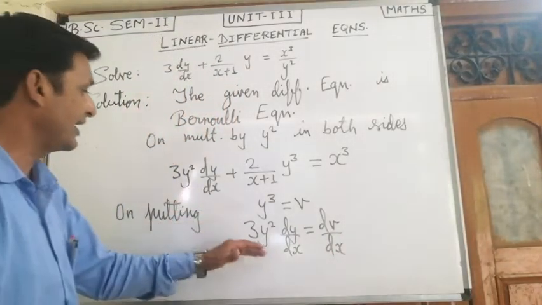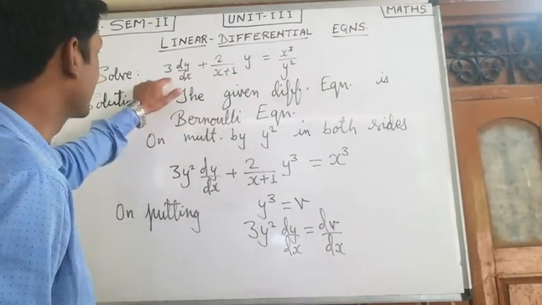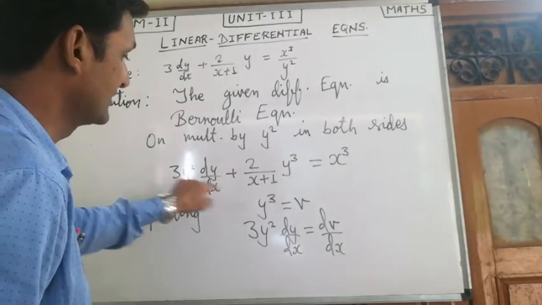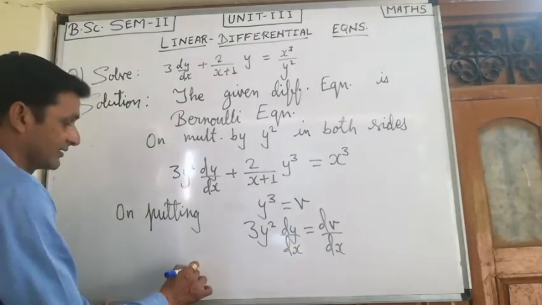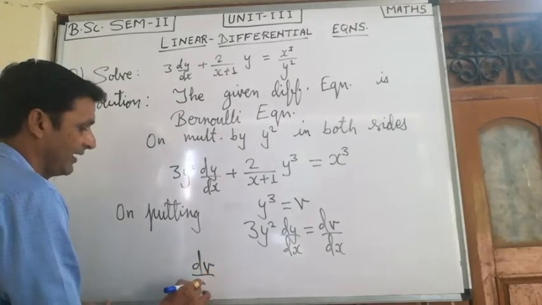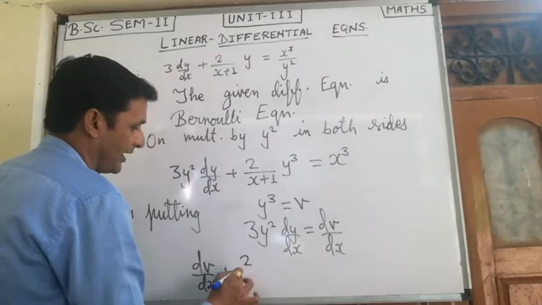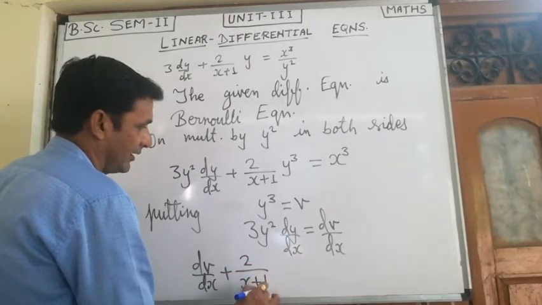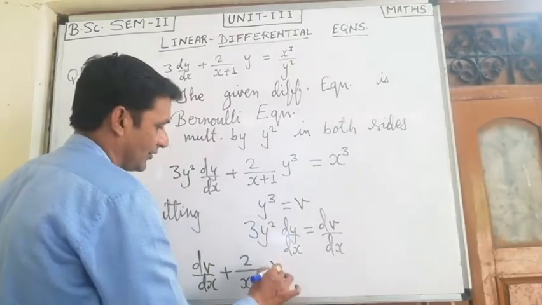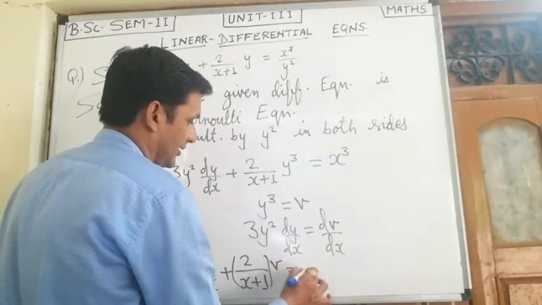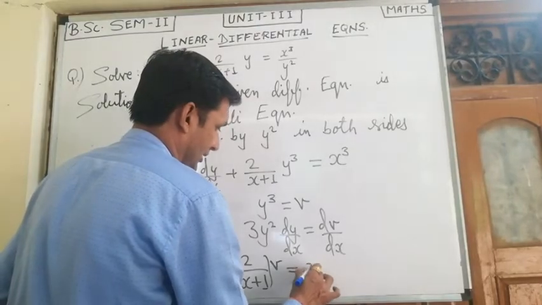So now we may write 3y square dy by dx, this part, we can write dv by dx. So it will be dv by dx plus 2 upon x plus 1, and y cube is v, so it will be v is equal to x cube.